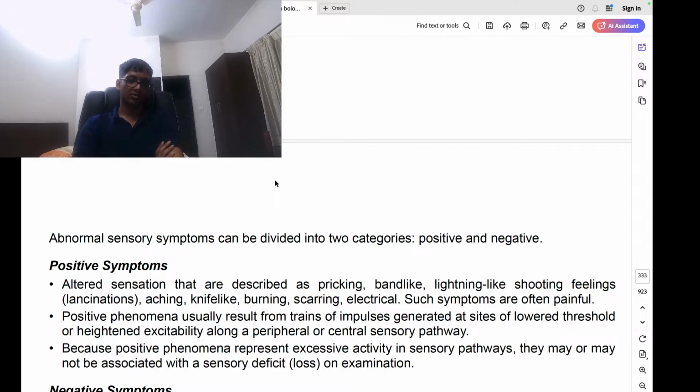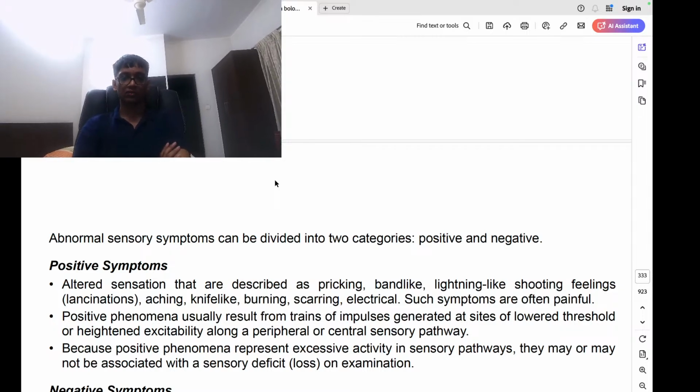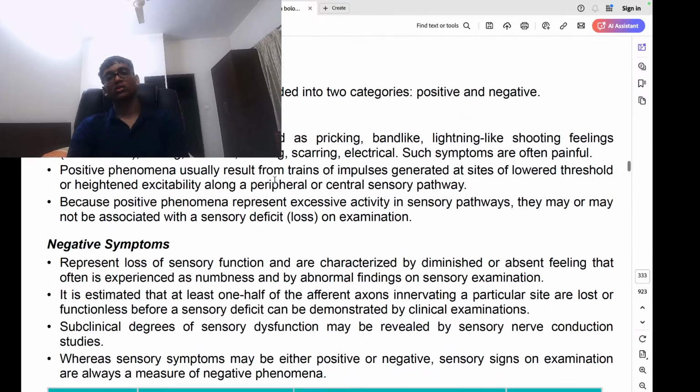Positive phenomena usually result from trains of impulses generated at sites of lower threshold or heightened excitability along the peripheral or central sensory pathway. Because positive phenomena represent excessive activity in sensory pathways, they may or may not be associated with sensory deficit on examination.